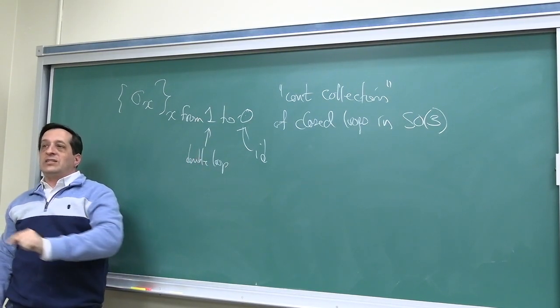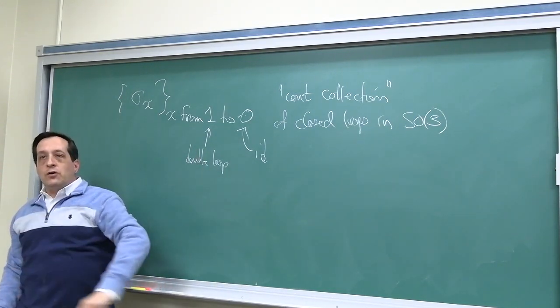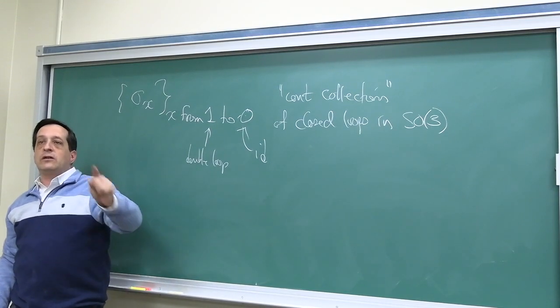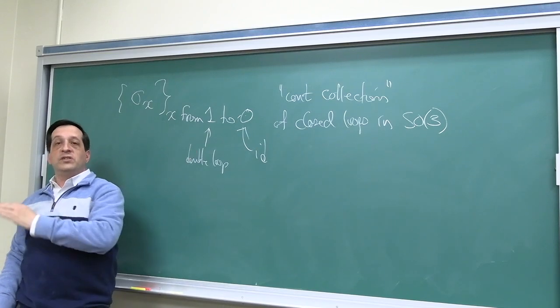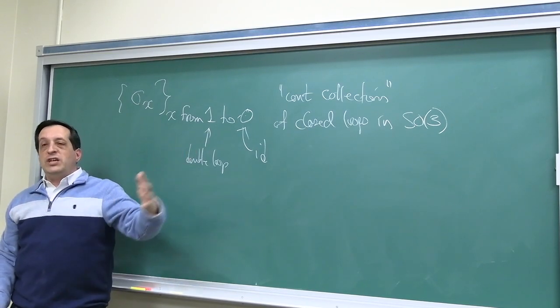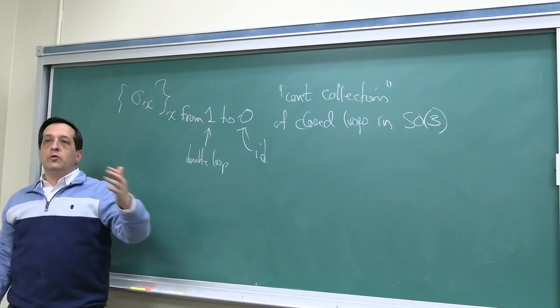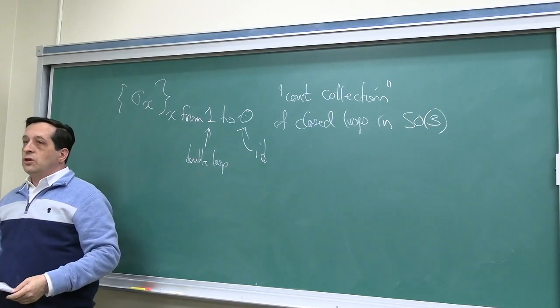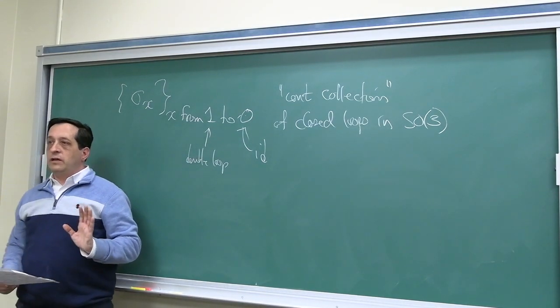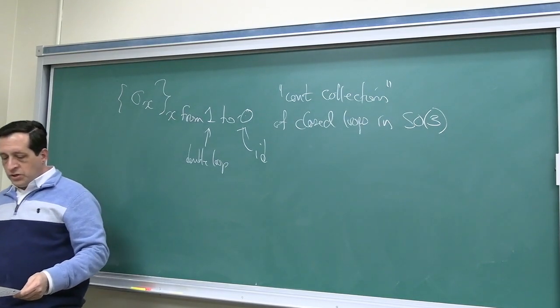For fixed x, sigma x of t, for t going from 0 to 1, traces out a complete closed loop in SO3. And so as x moves from 1 to 0, then you've continuously deformed the double loop to a point. Okay? So does anybody have any question about that?